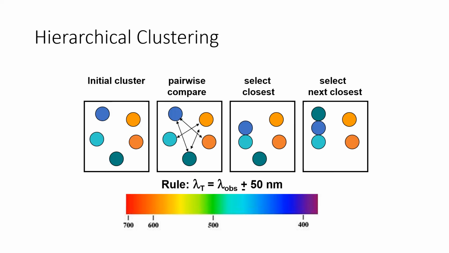So this is illustrated here. We start off with 5 balls again. We do pairwise comparisons against all of them, identify the two that are closest, and the next one that's next closest, and then the next one and the next one, until we finally get all 5 connected.